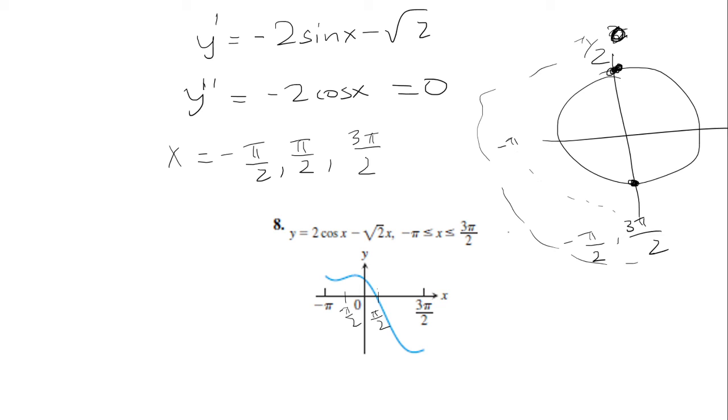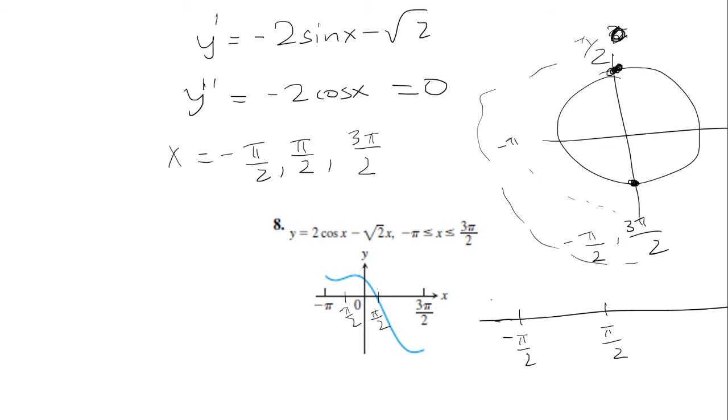Okay, so it's concave up. Well, we can do the number line. So we have negative pi over 2, pi over 2, and 3 pi over 2. 3 pi over 2 is where it ends, so we should not include anything over here. So let's look at the left of negative pi over 2.